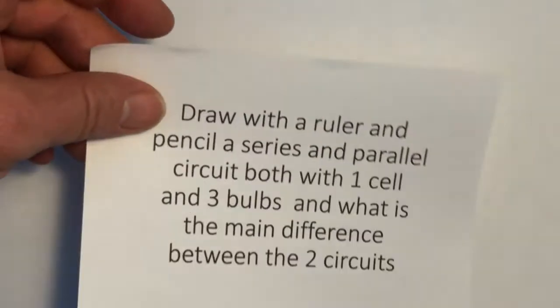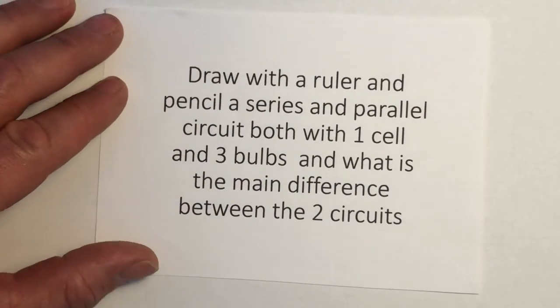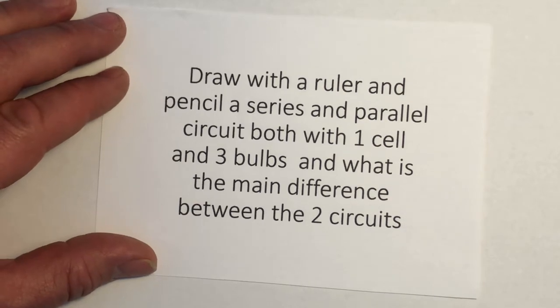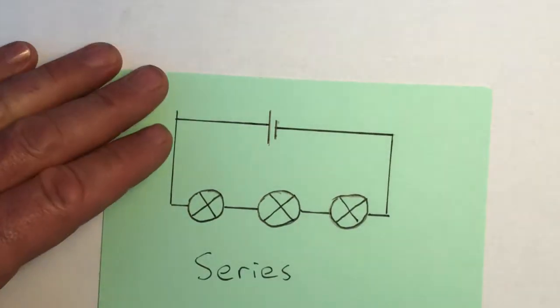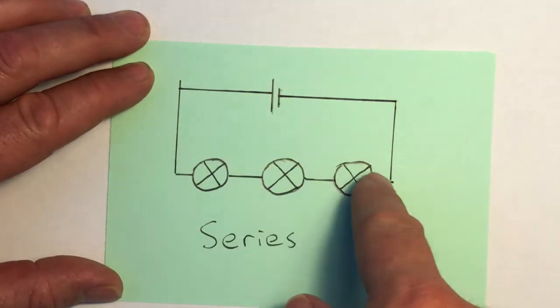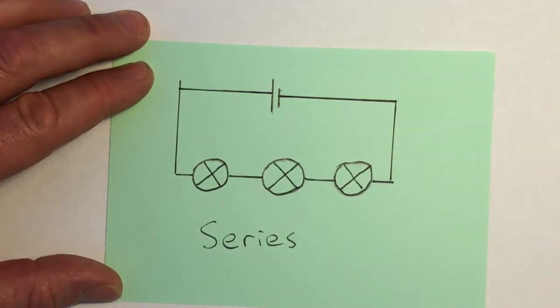So back to the question. Draw with a ruler and pencil a series and parallel circuit, both with one cell and 3 bulbs, and what is the main difference? I've just drawn a very, very simple circuit, very badly drawn. 1 cell, 3 bulbs, exactly the same as the example before.